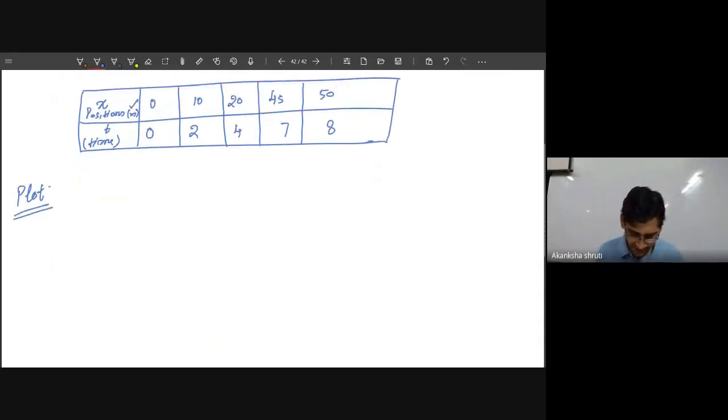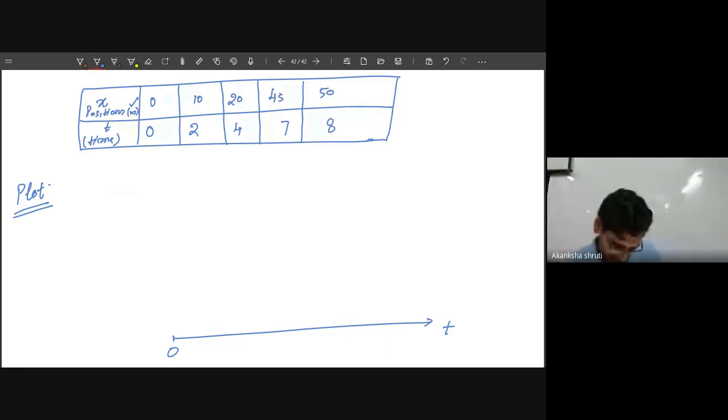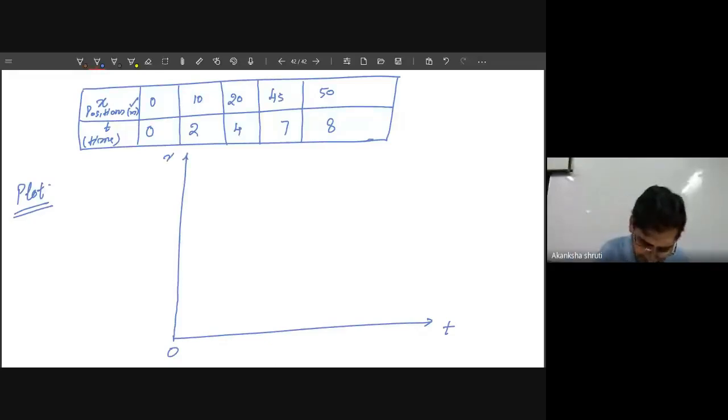So student, it is always drawn for positive time, because time can never be negative, because observation time is taken at 0 time, and the event is always occurring after that 0 time. So this horizontal axis is taken as the time axis, and the vertical axis is taken as the distance axis, or position axis x.